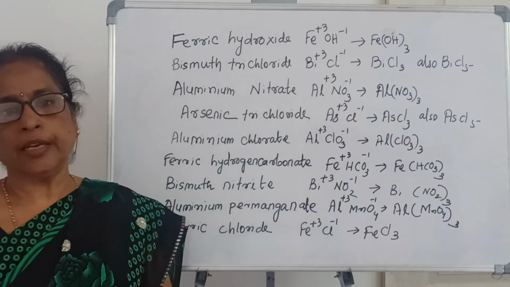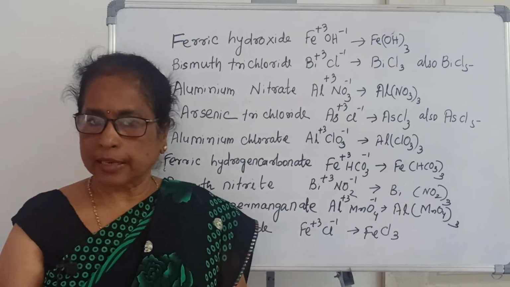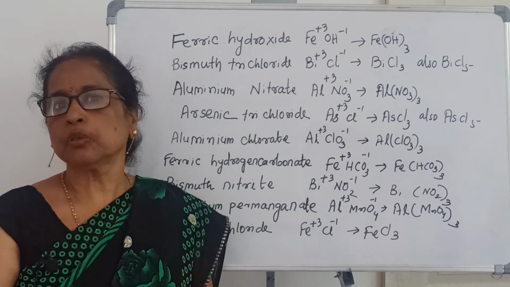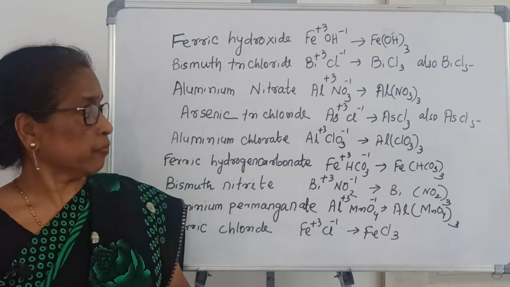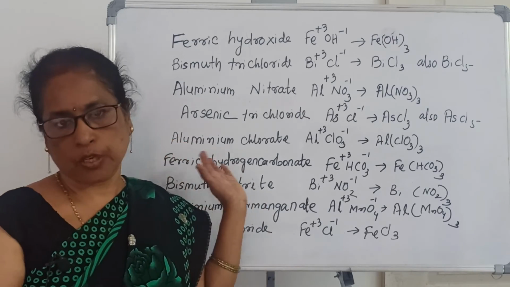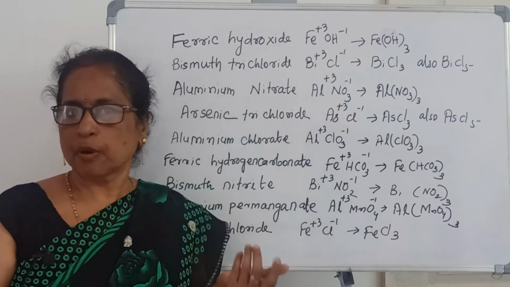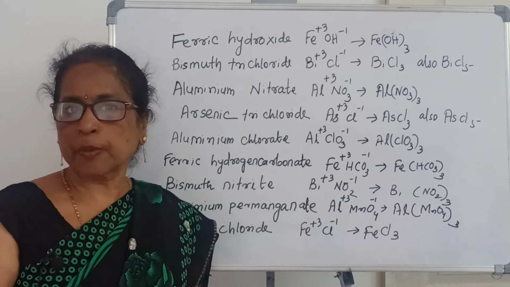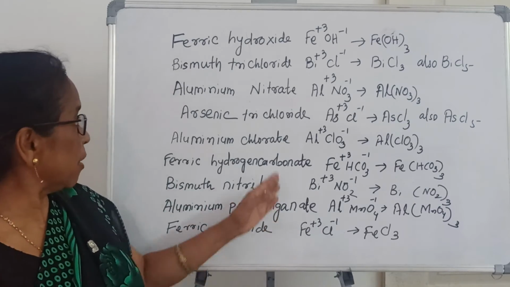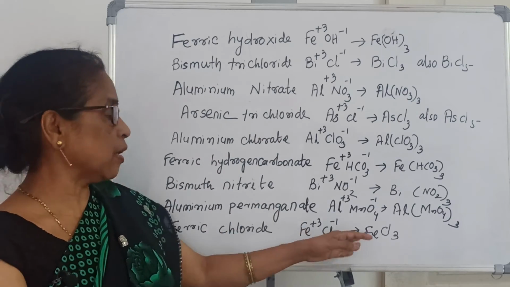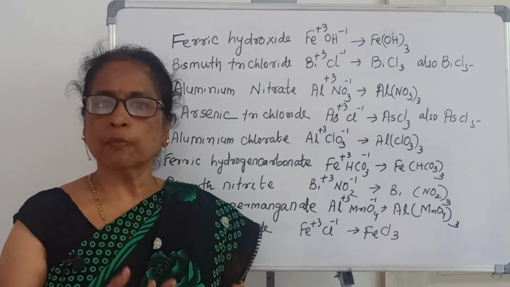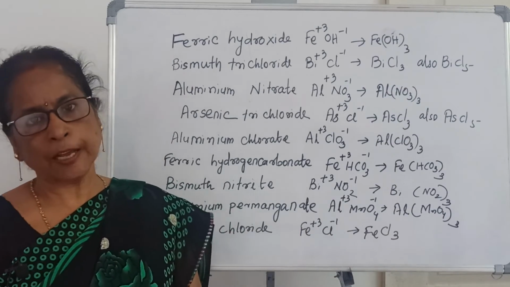Also you try different monovalent anions and trivalent cations, how the new compound can be formed, and the name of the new compounds. The compound may exist or not, we don't know. Actually by practical, from experiment we can see, because I have written something. See here, ferric chloride I have written, and ferric hydroxide, because these compounds are available in the chemistry lab.